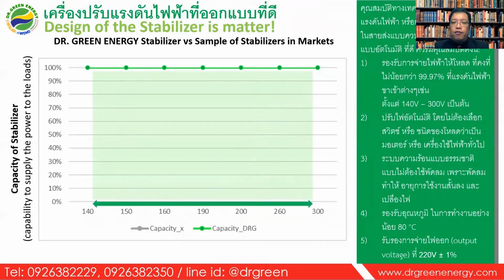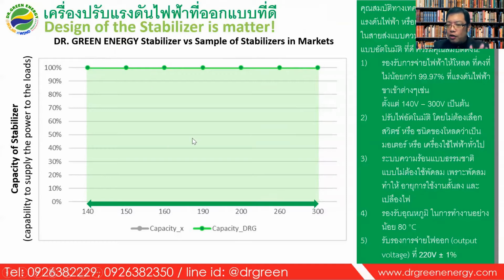If you remember the last page, we have mentioned this. On this page, we share again, very clearly, that a good stabilizer that has the proper design should maintain the capacity, as shown on the green line here.